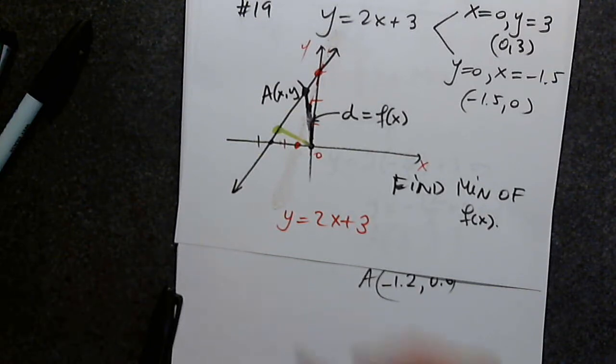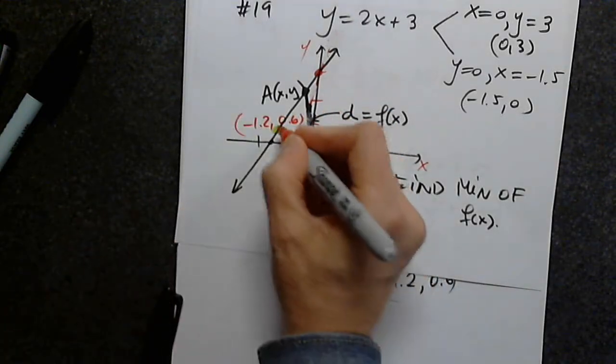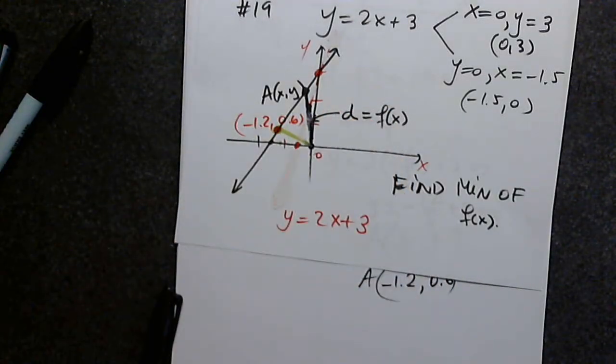So the coordinates are negative 1.2 comma 0.6, right here. So one more time, find the point on the line y equals 2x plus 3 that is closest to the origin. And the point is negative 1.2 comma 0.6.